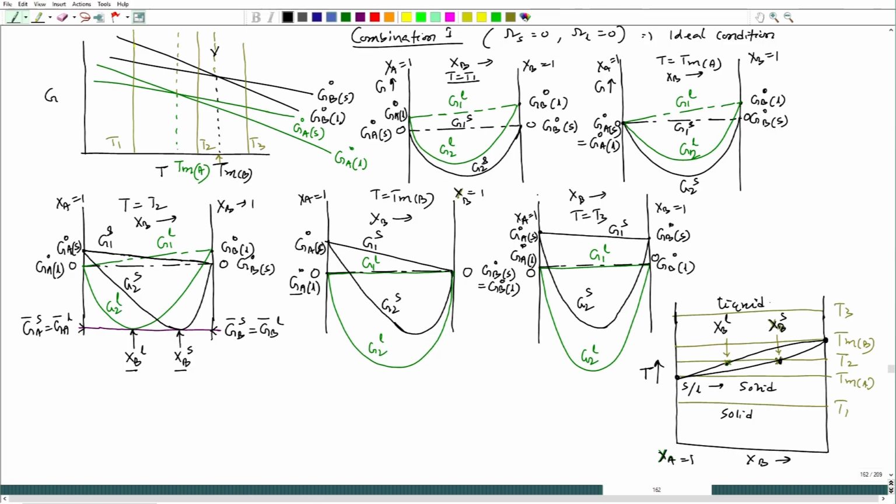Okay. And in between that we have solid plus liquid solution. So, why? Because at T equal to T3, over the entire composition range, liquid free energy has the lower value as compared to the solid free energy when we have solution free energies under consideration. Okay. So, that way that particular isomorphous phase diagram evolves.